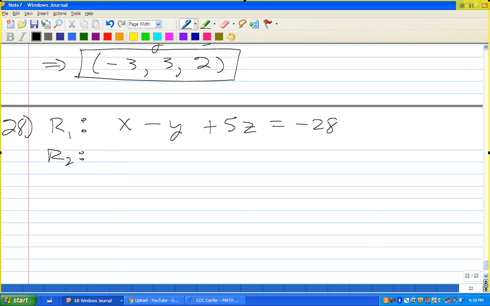Second equation, 3x plus z equals negative 5. Third equation, x plus 2y plus z equals 1. Okay, so let's eliminate y.